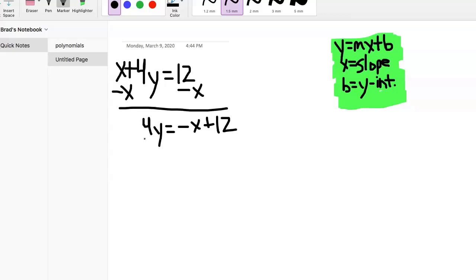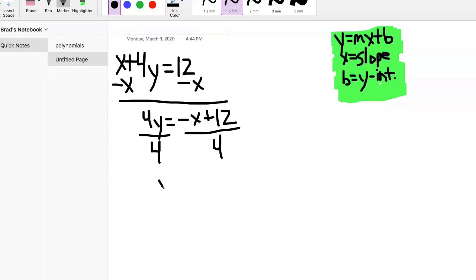To get this y by itself, without any numbers in front of it, we divide both sides by 4. Then we come up with y equals negative x over 4, which is the same as negative 1/4 x, because negative x and negative 1x are really the same thing, plus 12 divided by 4, which is 3.